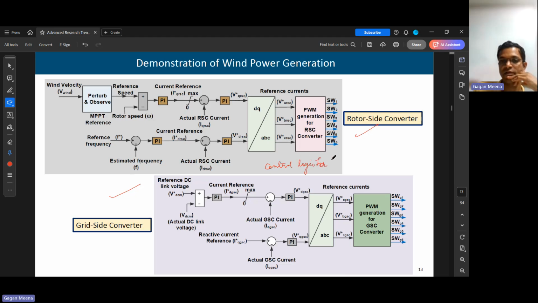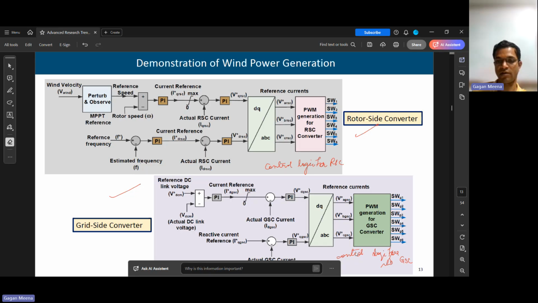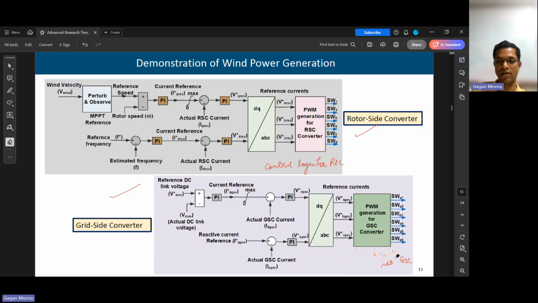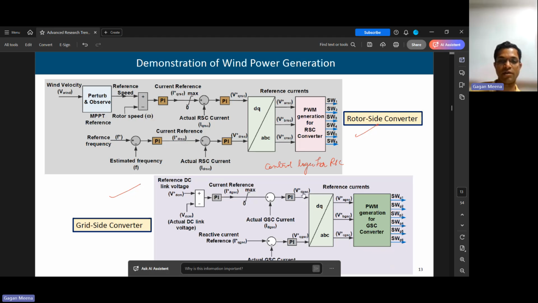This is the control logic for the rotor side converter, and this is the control logic for the grid side converter. This control logic will generate the firing pulses for both the converters.